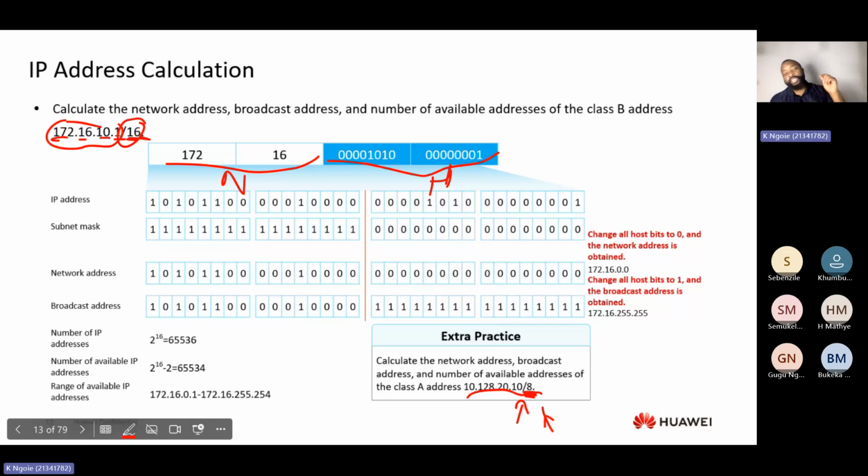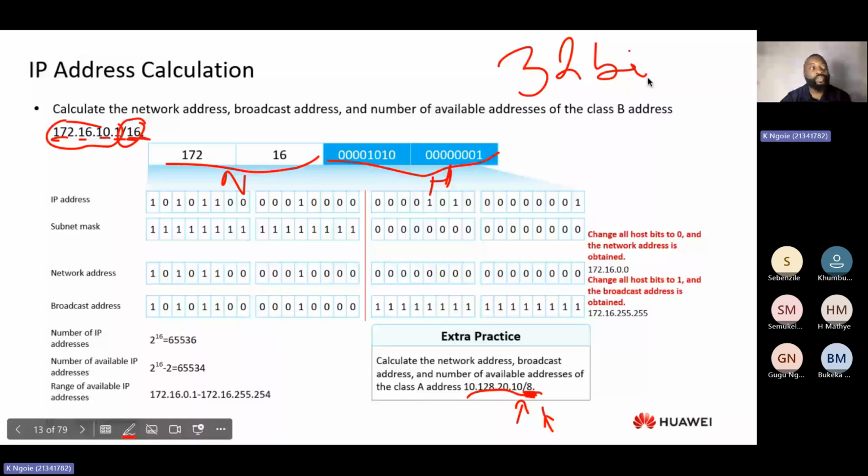So the answer comes back to the IP. The IP needs to have a total, and in this case we're talking about IPv4, of 32 bits. That is the maximum.